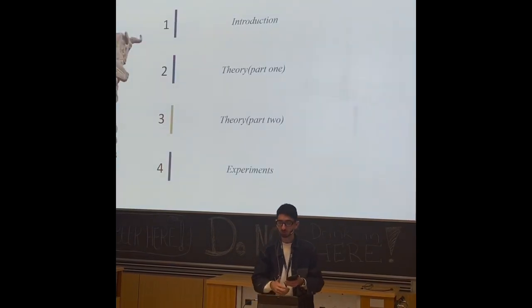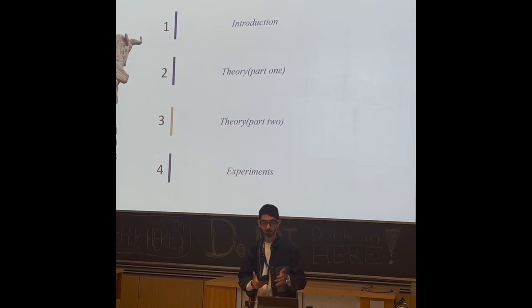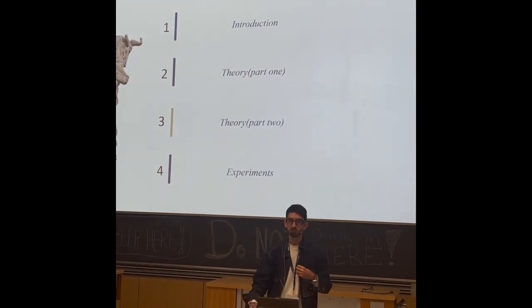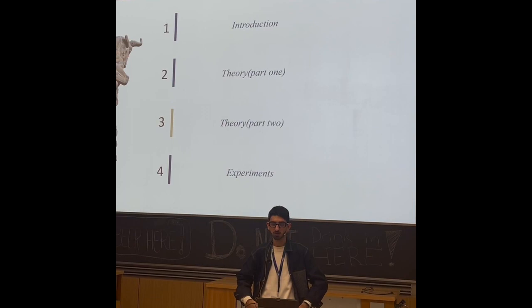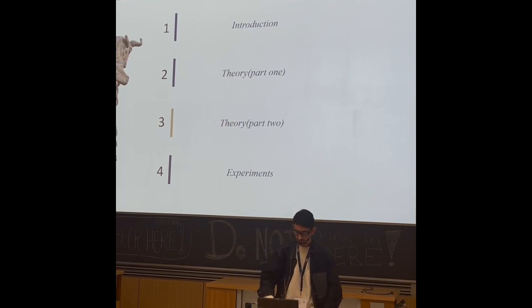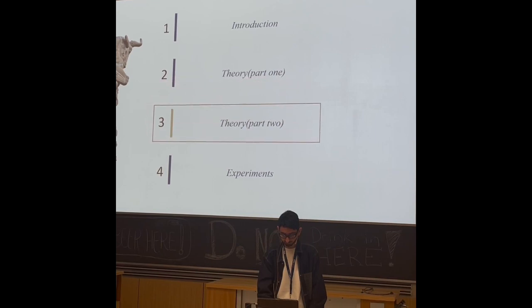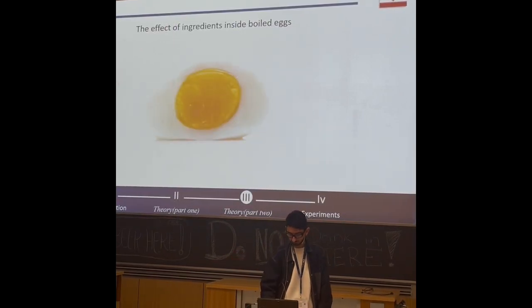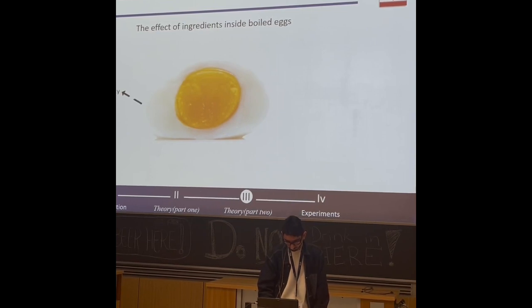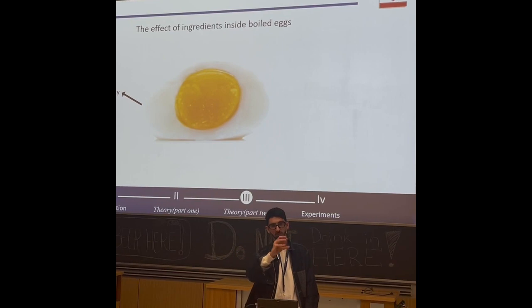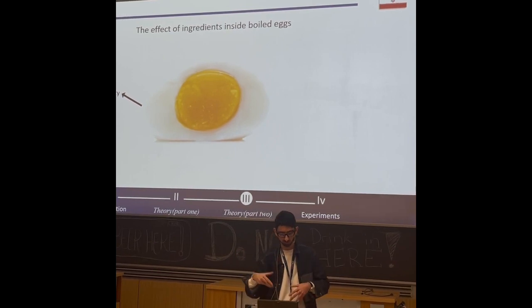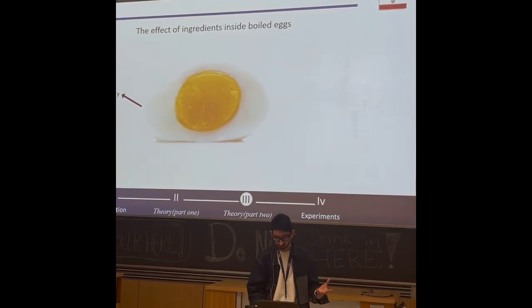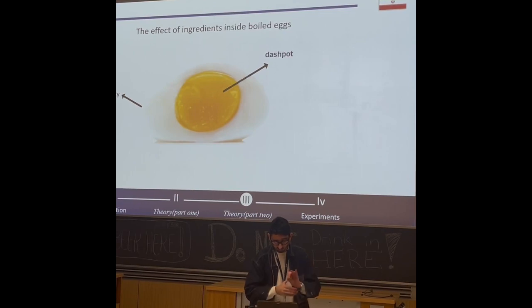Coming to theory 2, and I really love it. Actually, what happens after boiling is so important, and we should talk about it. We have an egg. The white part has an elastic property, and it is so important.